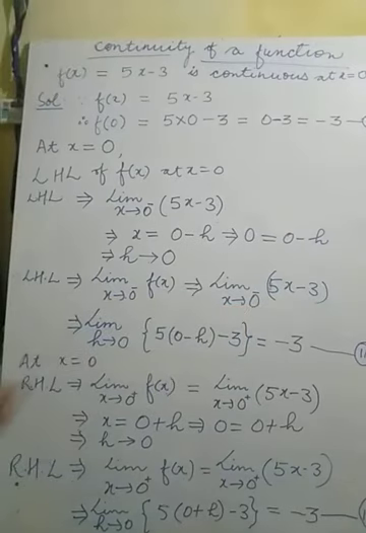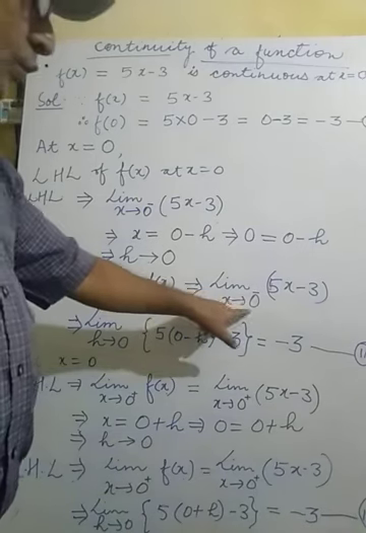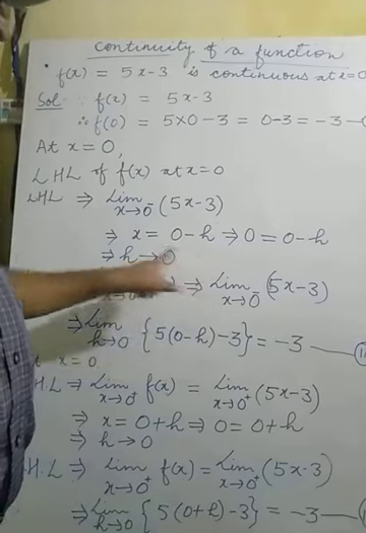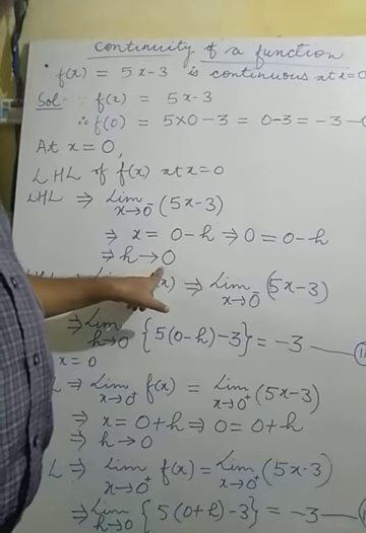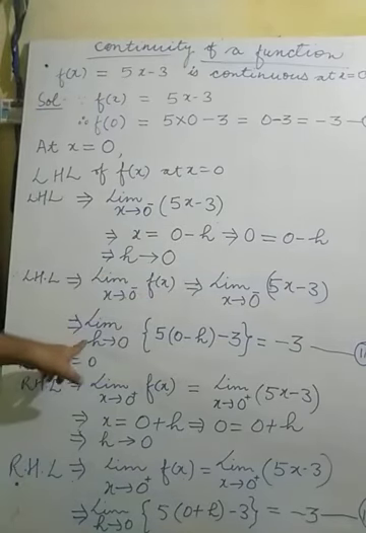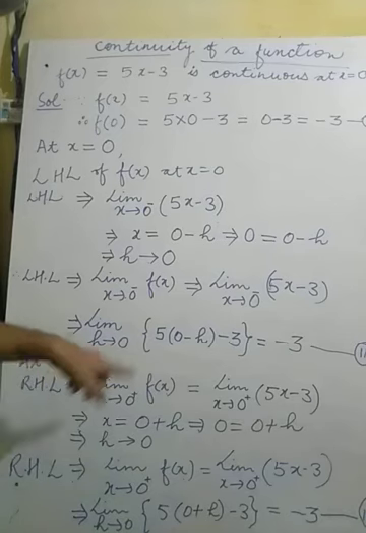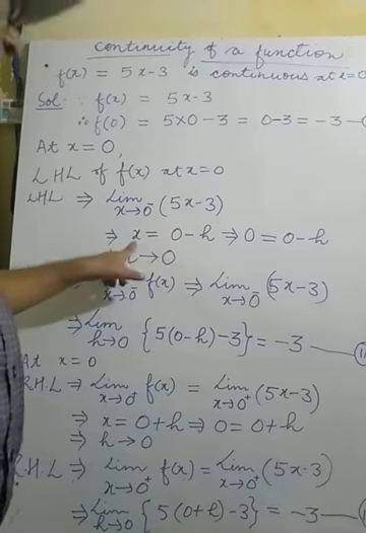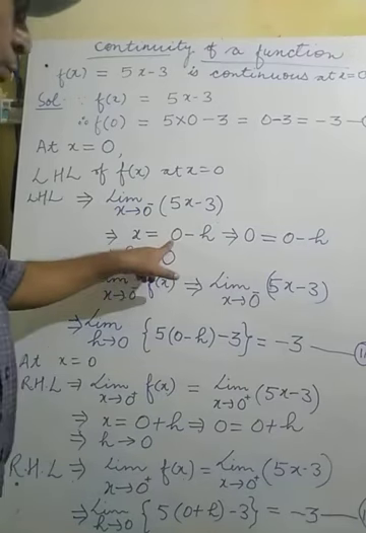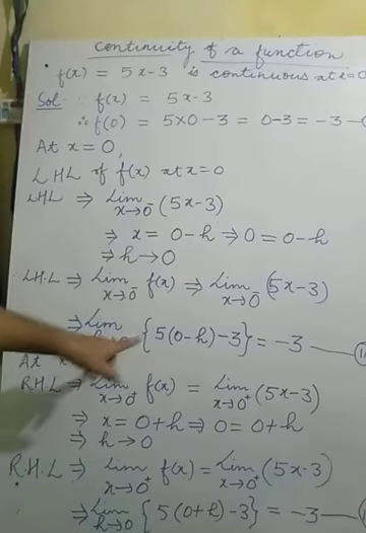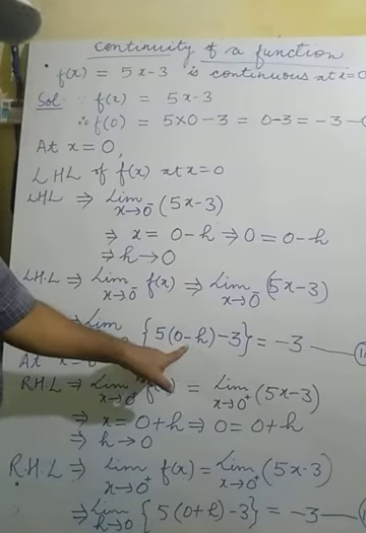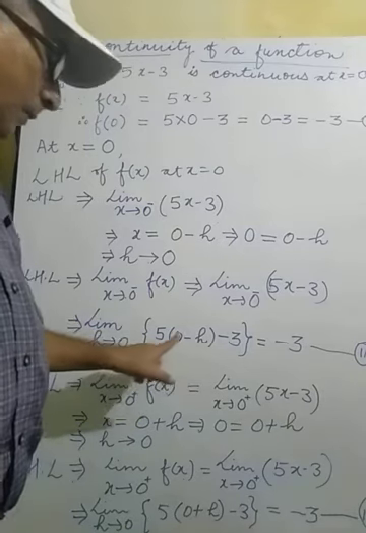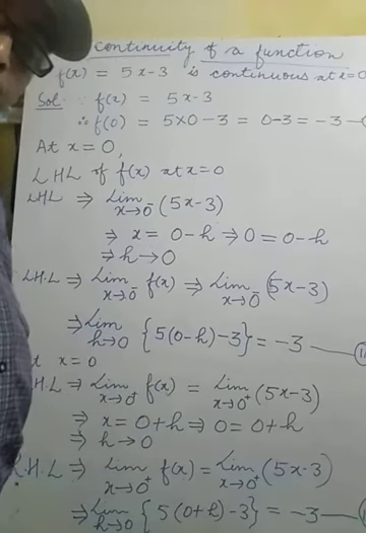So this limit x extends to 0 will be changed. Now in the place of x it will come h, and h is indicating to what? 0. So here limit h extends to 0 when the value of x is taken 0 minus h. In the place of x, where x is noted down, we have to note down 0 minus h. So it is 5x, in the place of x, what is to be noted down? 0 minus h. So 5x minus 3.